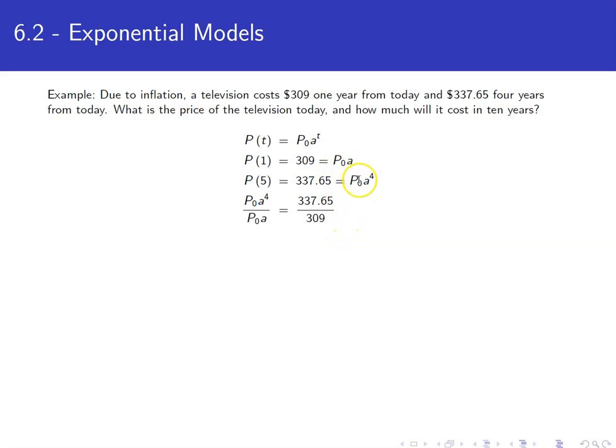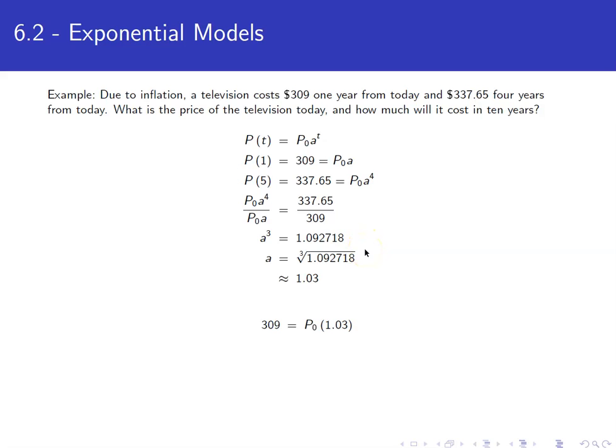We're going to figure out what a is by dividing the two equations. So we'll do P naught a to the 4th over P naught times a is 337.65 over 309. That tells us that a cubed is this 1.09 and change number. Taking the cube root of that, we get 1.03. So our a is approximately 1.03 in this case.